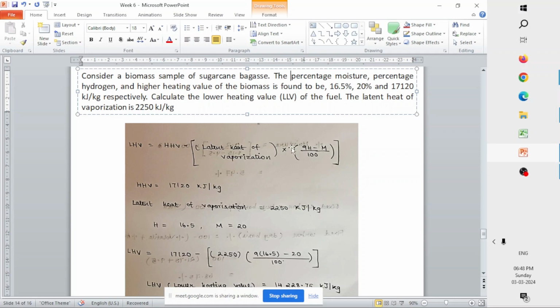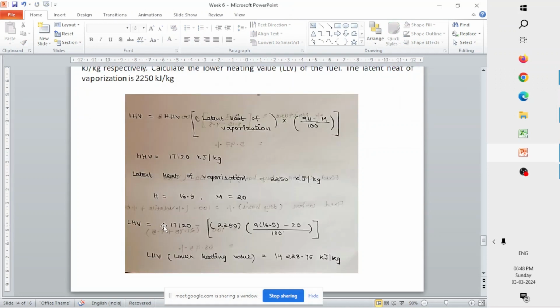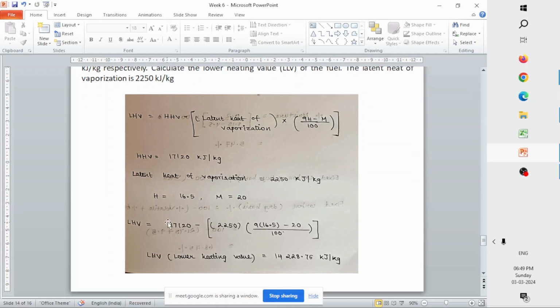So here we take H as 16.5 and M as 20. If you do the calculation, your value is going to come around 14,228.75 kilojoule per kg. So it's just simple mathematics, and you will be able to get this value.